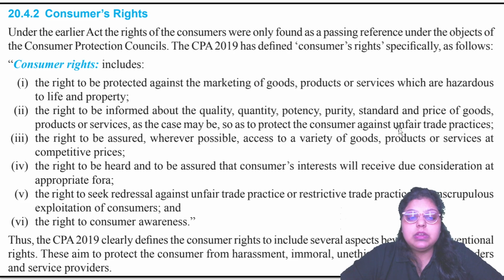Then the consumer rights include the right to be assured, wherever possible, access to a variety of goods, products or services at competitive pricing, the right to be heard and to be assured that consumer interest will receive due consideration at the appropriate forum. Also the right to seek redressal against unfair trade practices or restrictive trade practices or unscrupulous exploitation of a consumer. It also gives the right to consumer awareness as well. So these are the rights that have been given under the Consumer Protection Act 2019 to the consumer.